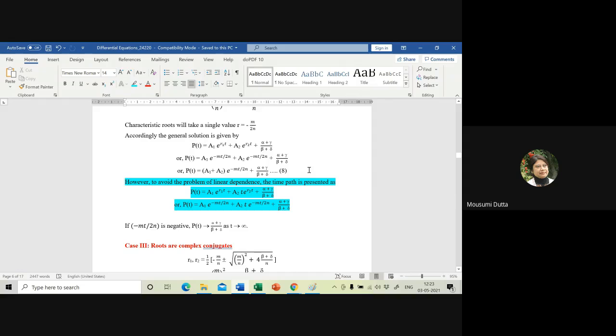I stopped with equation number 8. However, with this framework, there is a problem of linear dependence. Oyon went through the entire Chiang path and sent me this question about the problem of linear dependence. Actually, we use differential equations to solve the time series. These technical things we use to derive the time series.